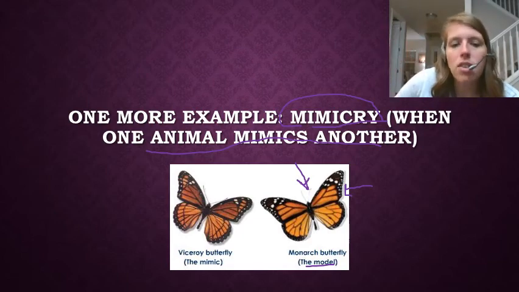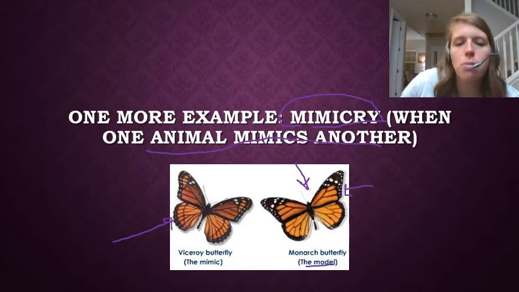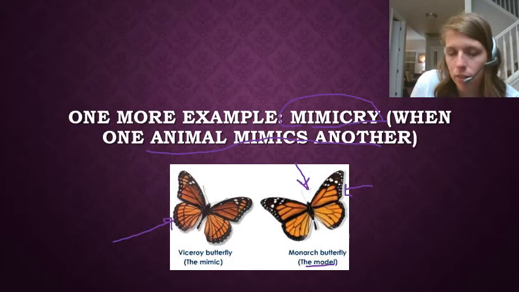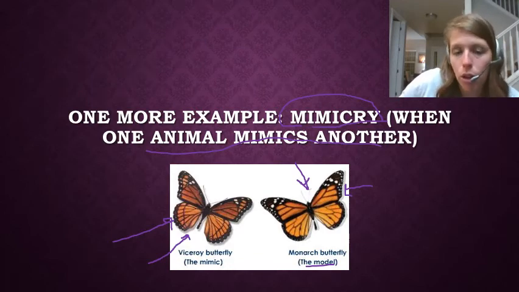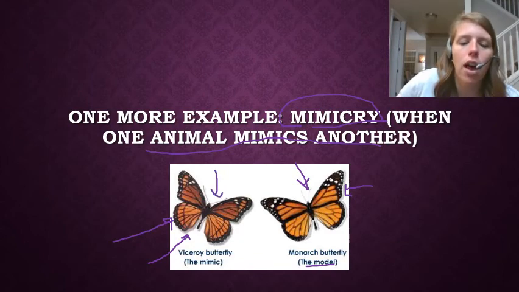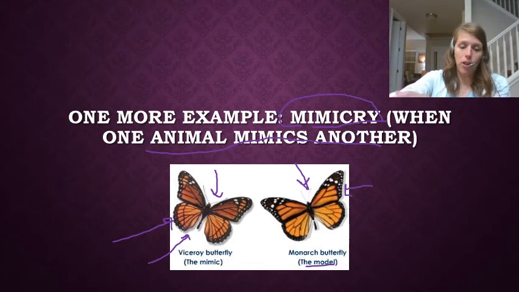So is it any surprise that over time there have been other species of butterflies that have begun to mimic the monarch butterfly? So this is a viceroy butterfly, and it is not yucky to birds, but it has mimicked the monarch butterfly because it's advantageous for that butterfly.